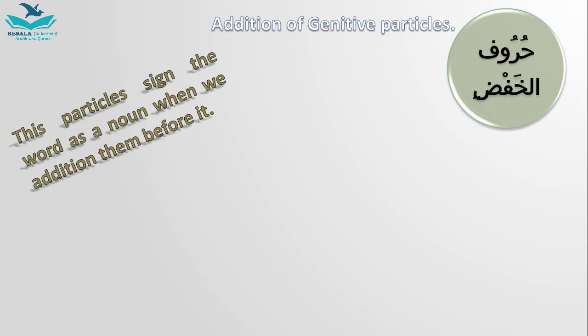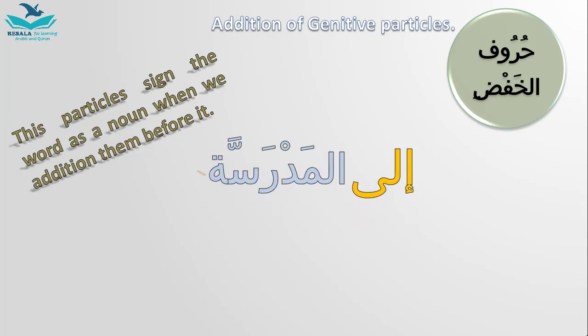Okay, let's go to the next step. Why do we call them particles of khafd? First consider that khafd means going low, like the sound of kasra. And earlier we said that words can change endings for different reasons, and al-khafd is one of the states a word can end up in because of that.